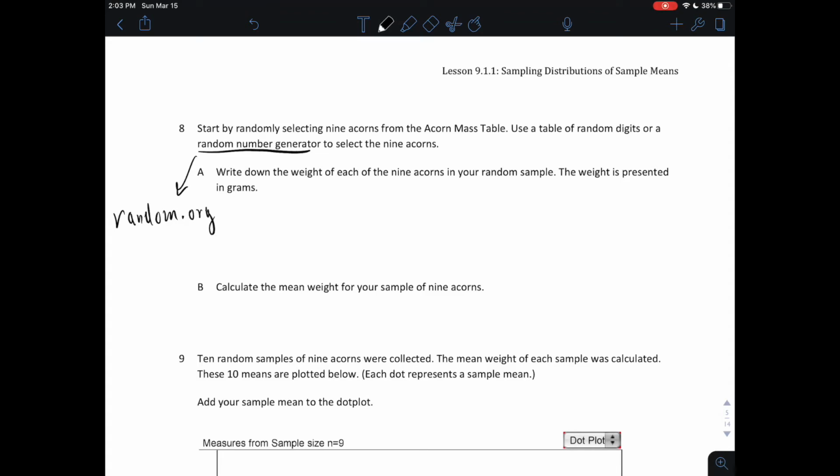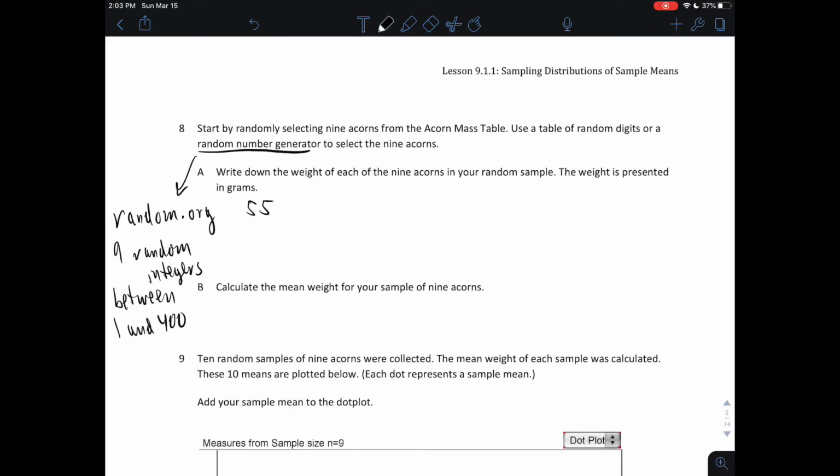And I'm going to generate 9 random integers, and I want those to be between 1 and 400. So I've already done that, and I'm just going to write them in order.